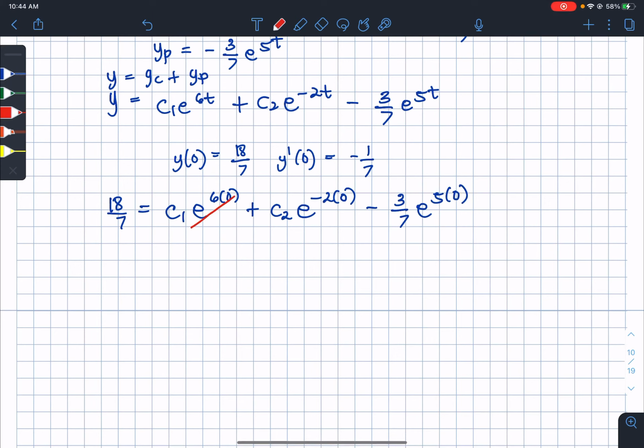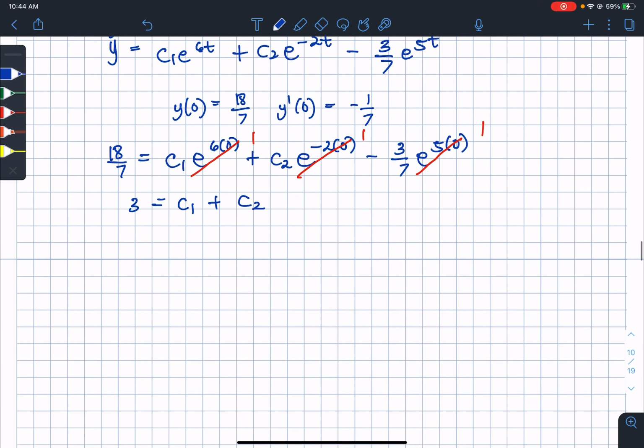So this one is 1, this is 1, this is 1. So 18 over 7, then transpose, so plus 3 over 7. So that makes it 21 over 7, that is 3, is equal to c1 plus c2.